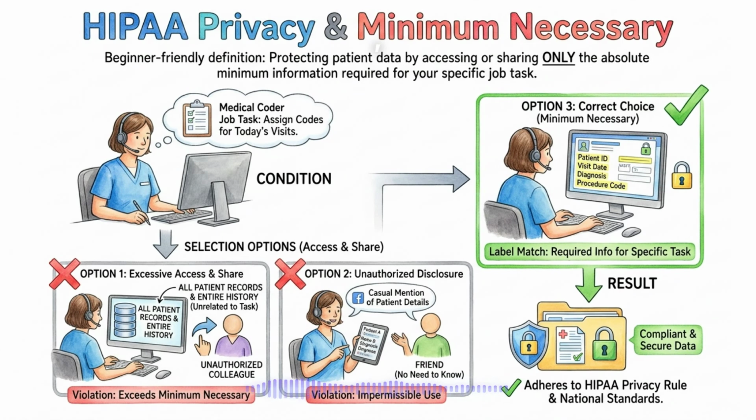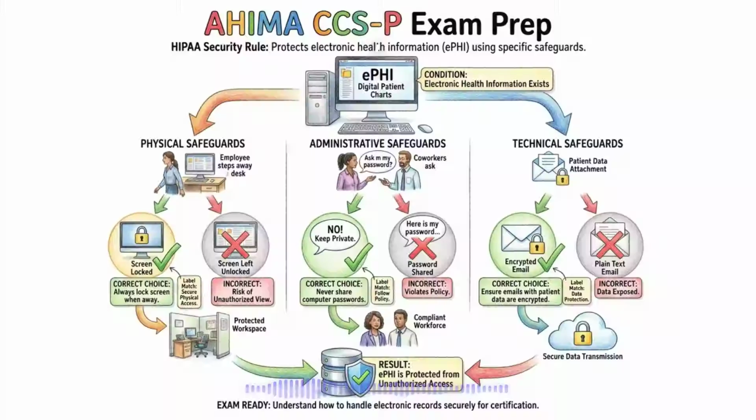As a medical coder, you will have full access to highly sensitive patient data, and you must adhere strictly to the minimum necessary standard. This standard states that you should only access or share the absolute minimum amount of patient information required to complete your specific job task.